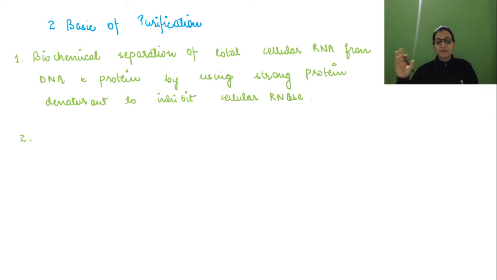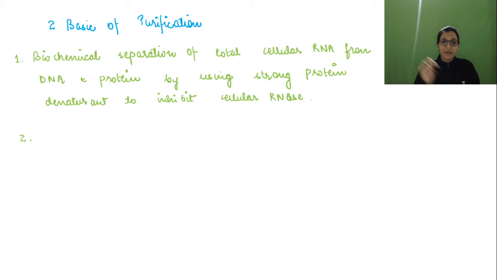So a common method used to isolate mRNA from tissue culture we'll be seeing. It is done by guanidinium thiocyanate, a strong protein denaturant that lyses the cell and inhibits the cellular RNases. We'll be seeing a flow diagram, but before that, the two basic steps.